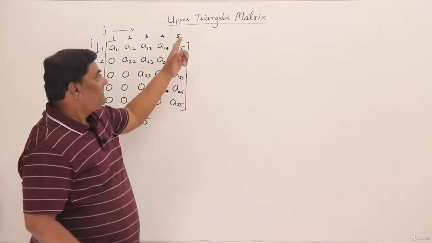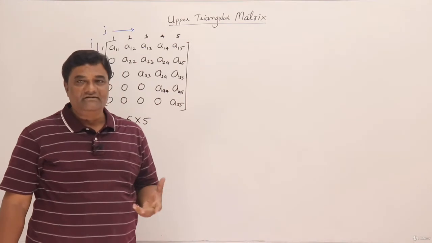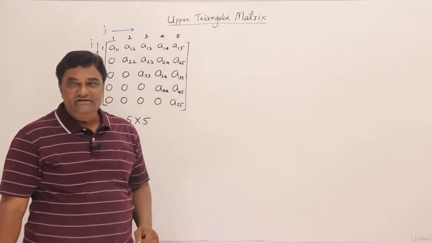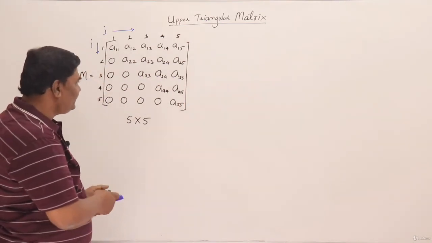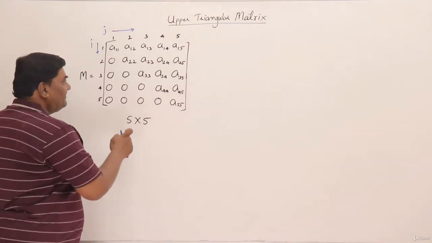Now the topic is upper triangular matrix. As you are already familiar with the lower triangular matrix, we have seen its representation, so let us finish this quickly. This is an upper triangular matrix. Non-zero elements are in the upper triangular part of this square matrix.